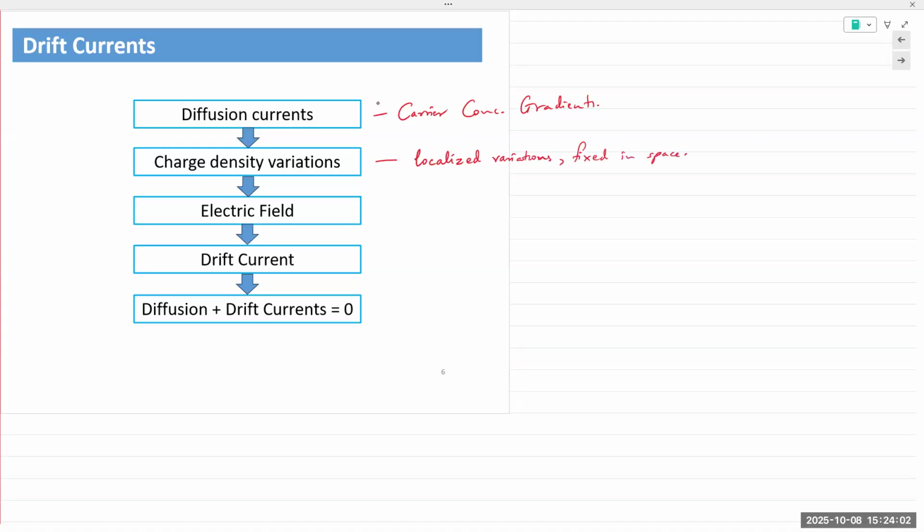Hence, it is also known as the space charge region. This disparity of charges on both sides results in an electric field. This electric field establishes a competing mechanism that opposes any flow of further charge carriers.